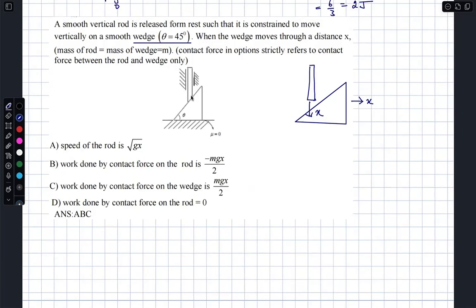What is happening? You have released. So the rod loses some potential energy. And this loss in potential energy is shared between the rod and the wedge as kinetic energy. When the wedge moves right by x, the rod moves down by x. So loss in potential energy is gain in kinetic energy of rod and gain in kinetic energy of wedge.